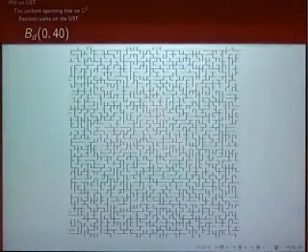This is a nice picture, in some sense what one would hope for. It's not exactly a Euclidean ball, but it's a Euclidean ball that's a bit deformed, and not too strange.